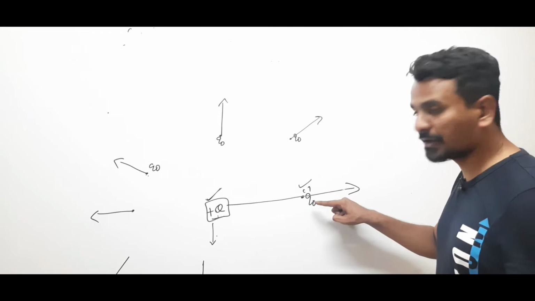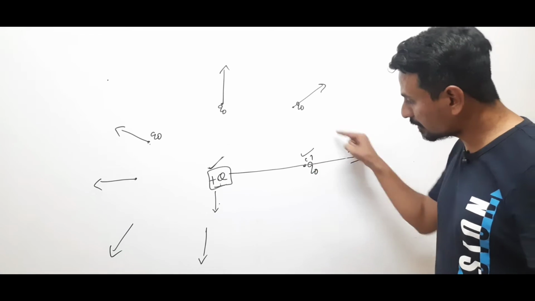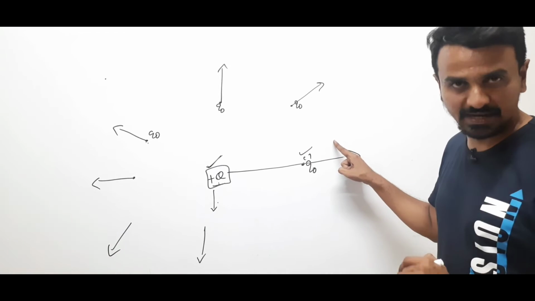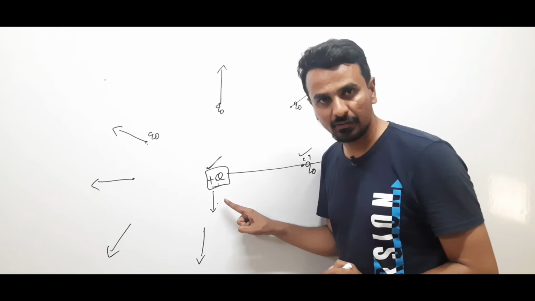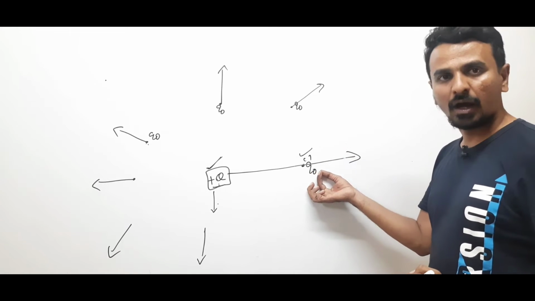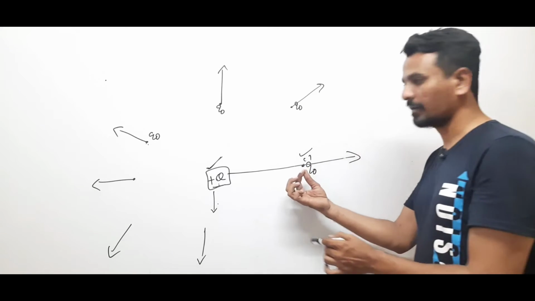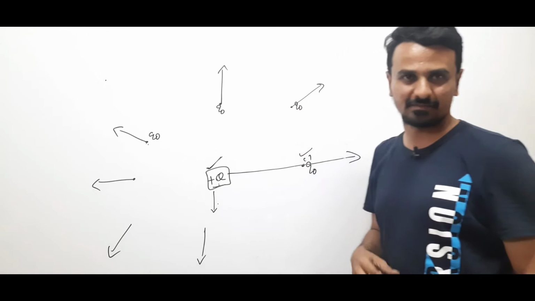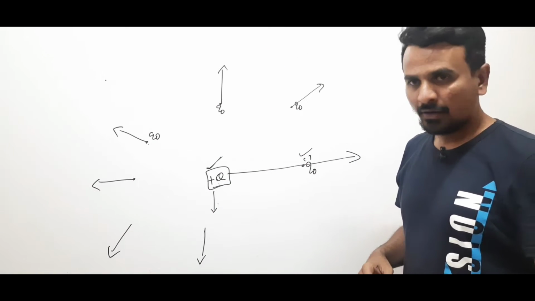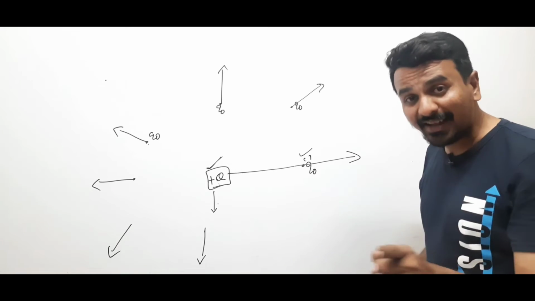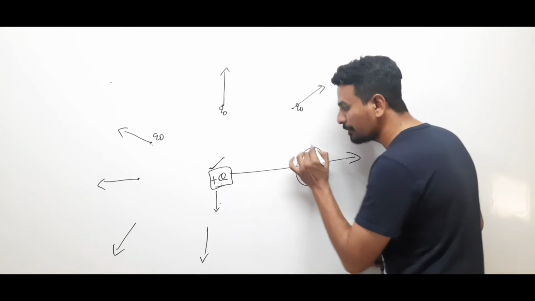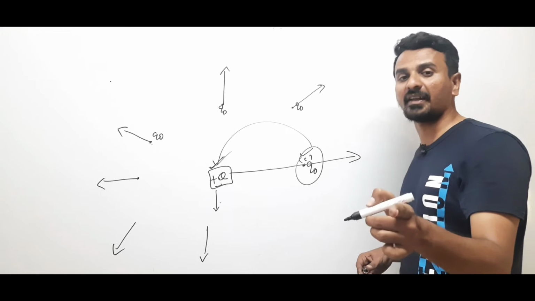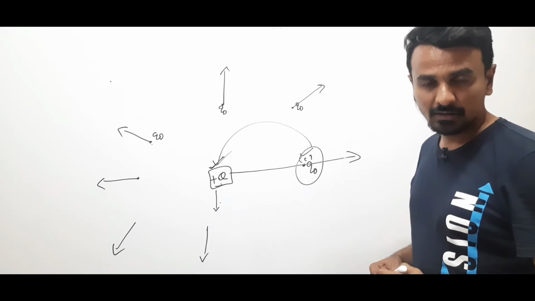That means Q0 is a charge of less magnitude than this charge, and it is experiencing a force because of this charge capital Q in the radially outward direction. Clear? So that is the effect produced on this charge because of this charge, and this effect is known as electric field.